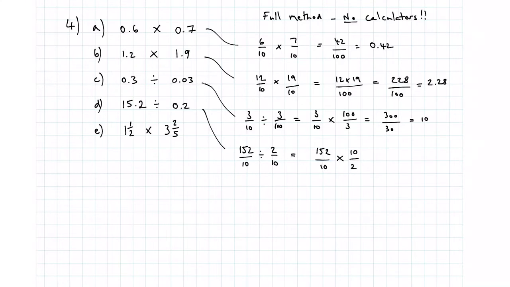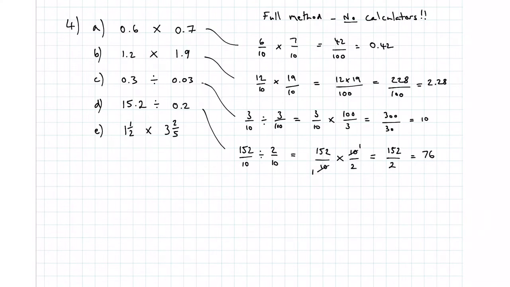I'm going to do something called cross-simplifying. There is a 10 on the bottom left, and there's a 10 on the top right. So I can now make this question into 152 times 1 on the top and 1 times 2 on the bottom. And that means 152 divided by 2, which is 76. And that's the answer to the question.